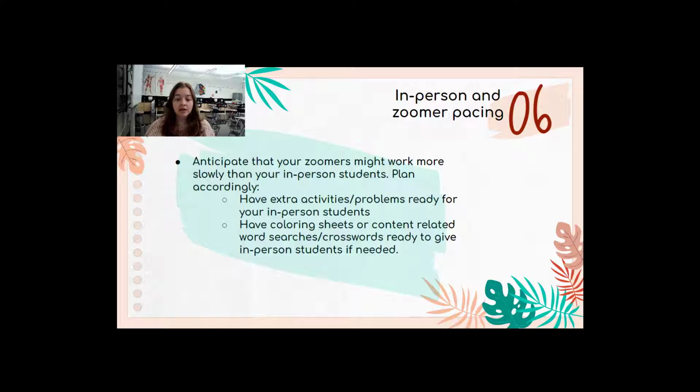Maybe have some coloring sheets or content-related word searches or crosswords ready to give your in-person students if needed. Or if there's any other engaging activities that can be added on to your lessons, that would be good to have on hand just in case your in-person students are moving at a quicker pace. This way, you can one-on-one help your Zoomers while your in-person students are also working on the day's lesson instead of just sitting there kind of waiting for what's next.